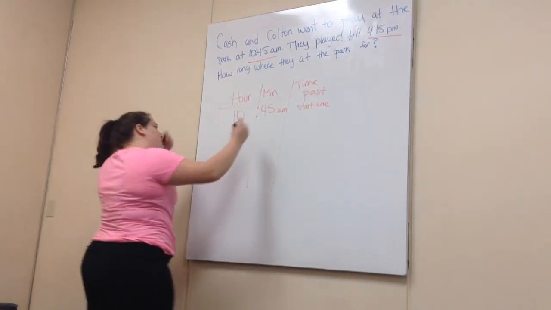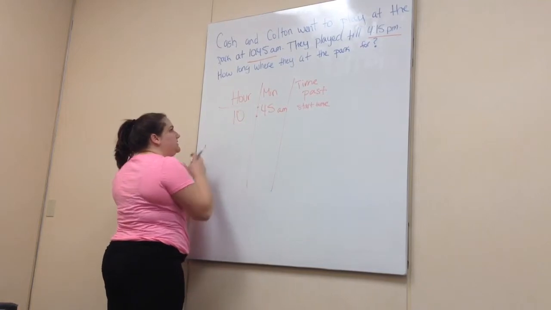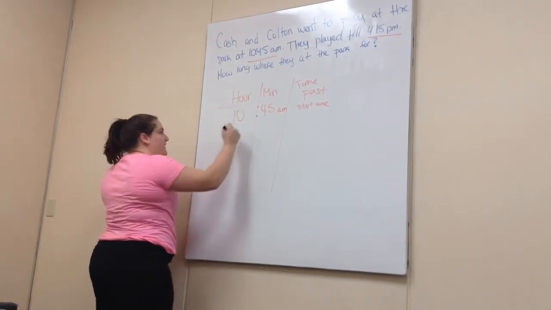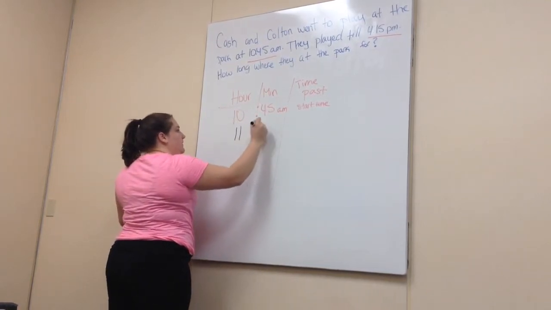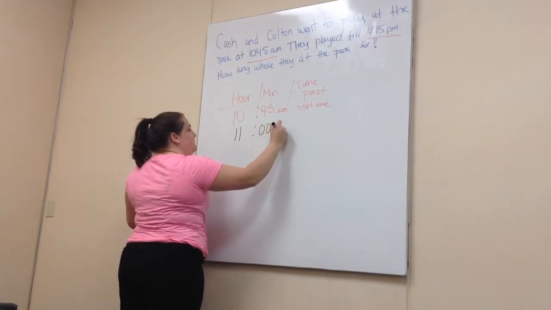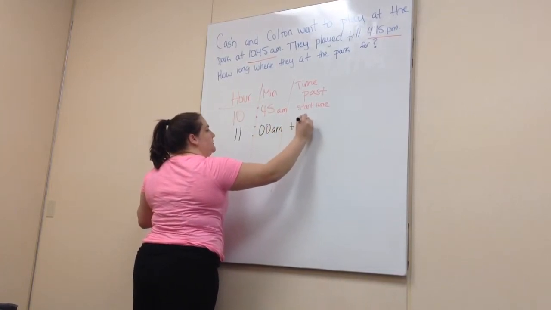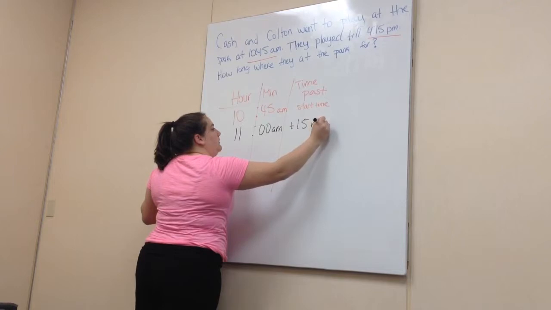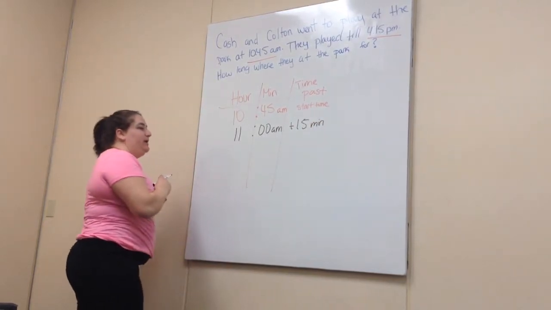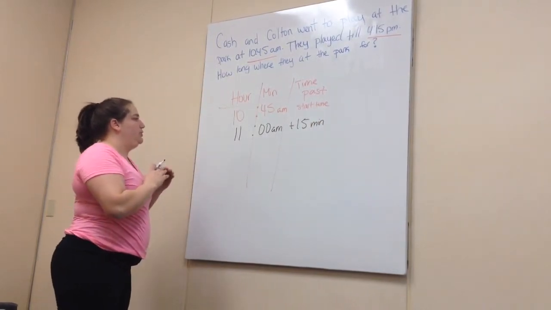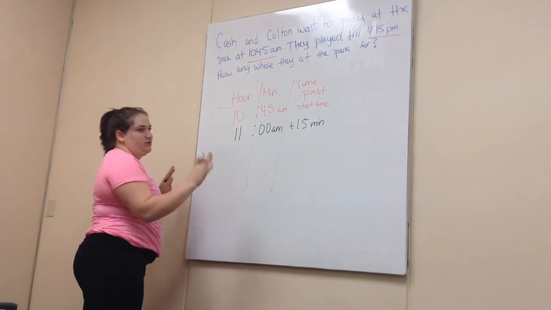From then on, we want to make sure we go to the next number, which is going to be 11 a.m. So that's going to be 15 minutes. Now we want to make sure we get to noon, so that way when we do the transition, it's going to be different.